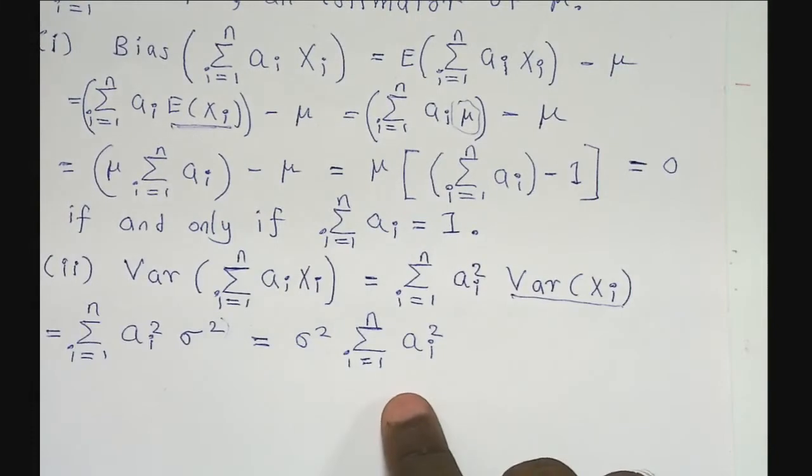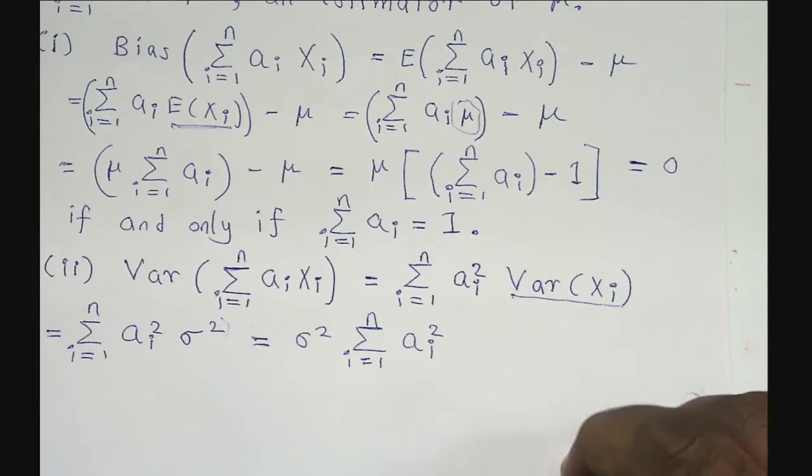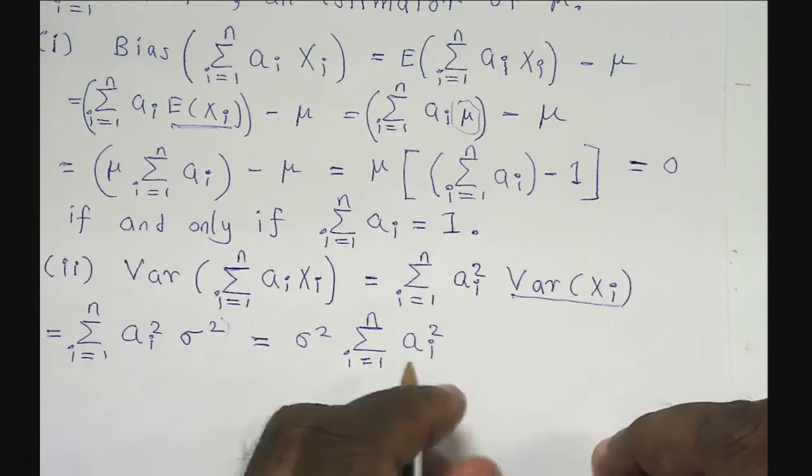Now, if you look at the question in front of you, there's a hint for this question. I'm going to use the hint without proving it, because if I start proving the hint, it will take a while. I don't expect you to prove it. If you can prove it, that's great, but I don't expect you to.